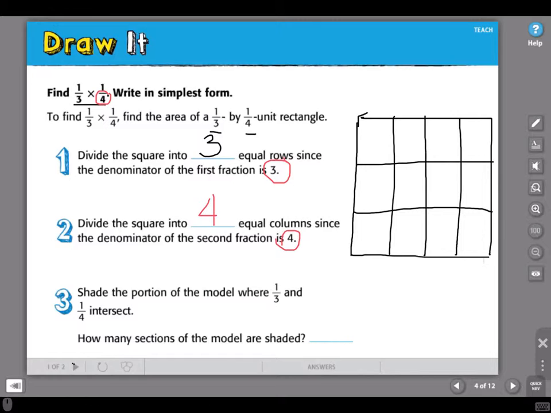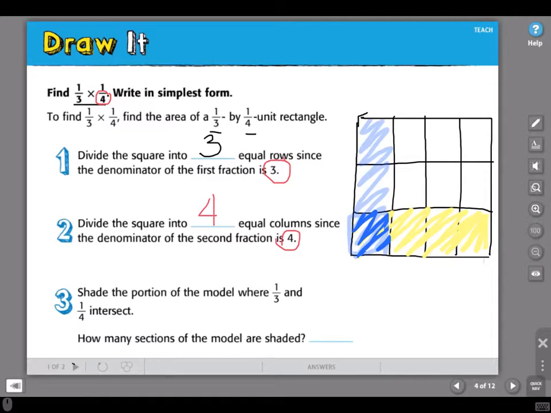You'll remember that when I divided my square into thirds, I made rows. So I'm going to color in 1/3 of my rectangle. Now to multiply by 1/4, I need to look at where I have divided my rectangle into fourths, and I'm going to color in 1 of those fourths.